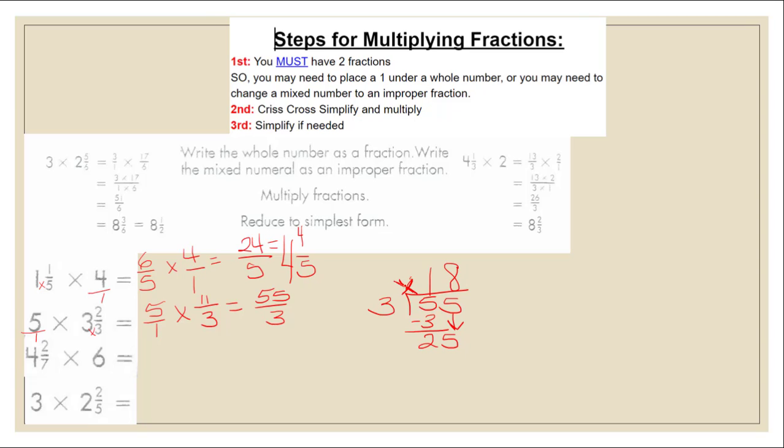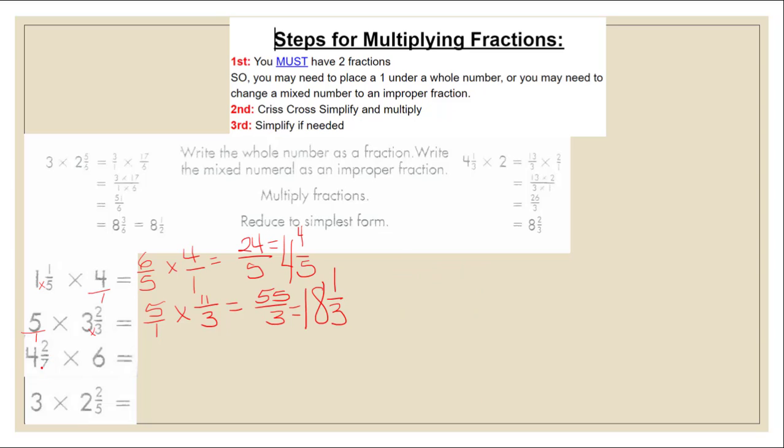Multiply. 8 times 3, 24. Subtract. Bring down. Nothing to bring down. So I have 18, it's my whole. 1 left over the 3.